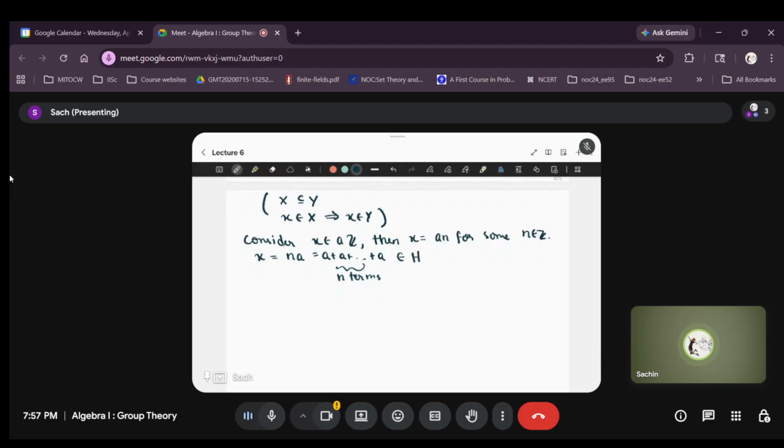This belongs to H by closure. So x in AZ implies x is in H. So AZ is a subset of H. That is, if A is in H, all multiples of A are in H. And AZ is the set of all multiples of it. So AZ is a subset of H. That direction is clear, no?